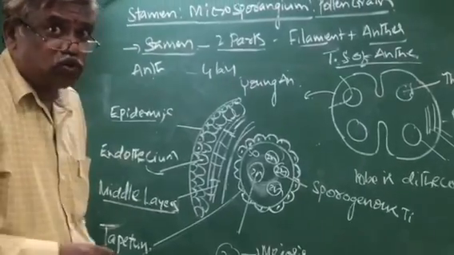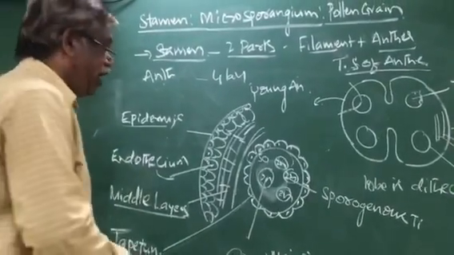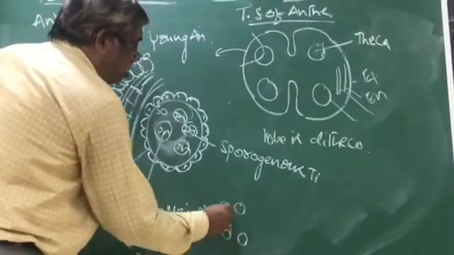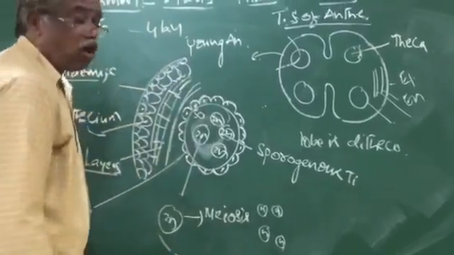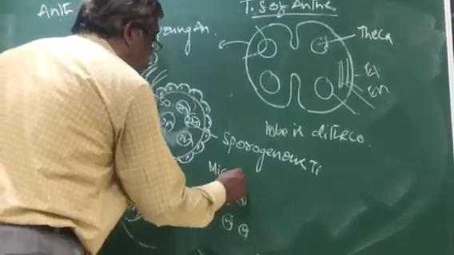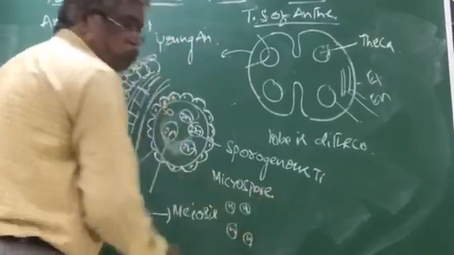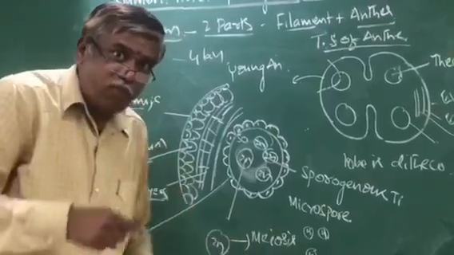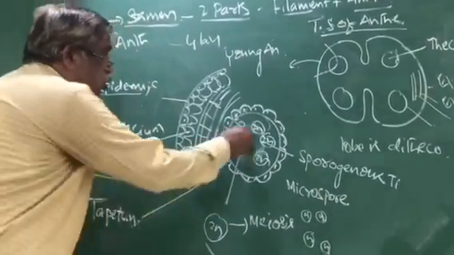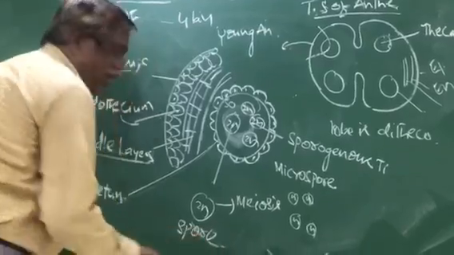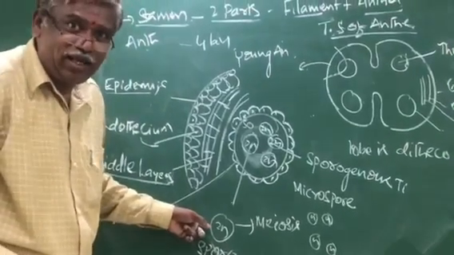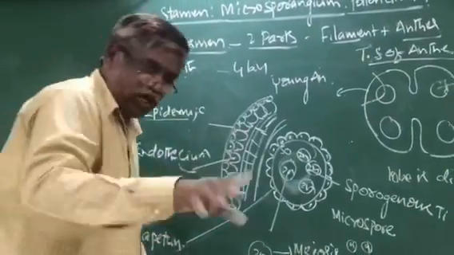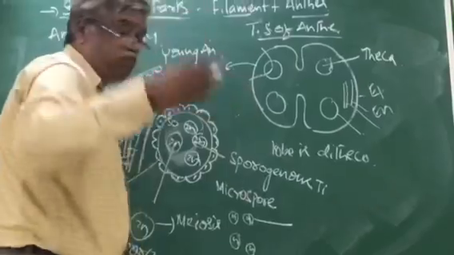If a cell undergoes meiosis, 4 cells are formed. These are haploid. These 4 cells are called microspores. So, these 4 microspores are formed by meiosis of sporogenous cells. Hence, the sporogenous cell is the mother cell of the microspores. Okay. This microspore finally becomes pollen.